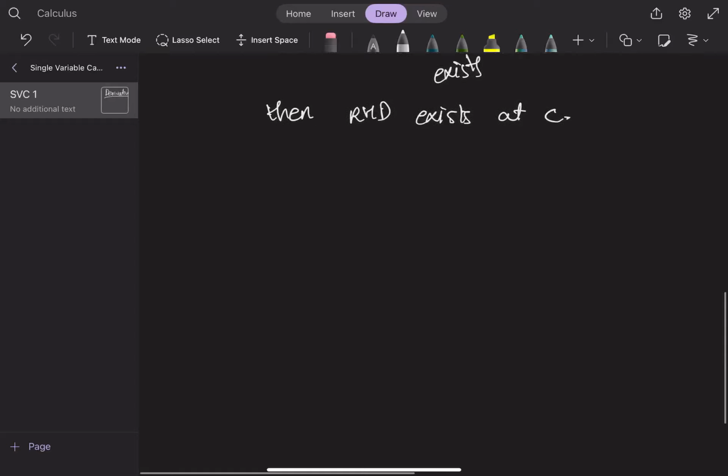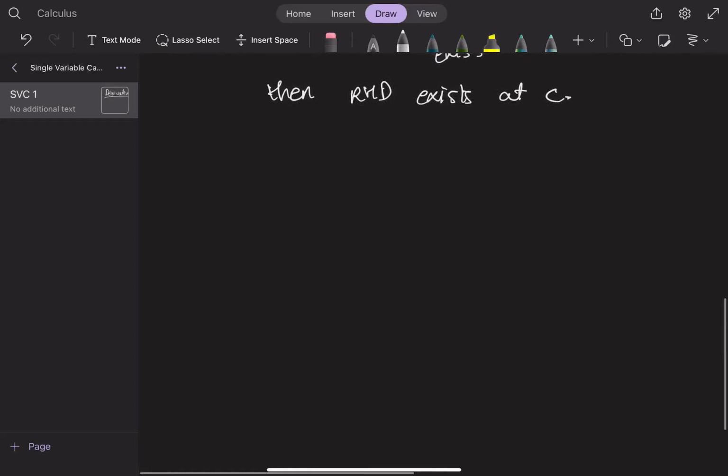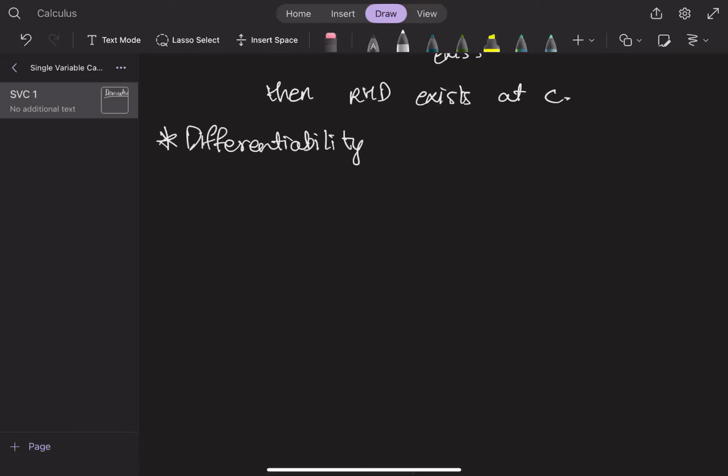Now the next thing we need to see is differentiability in some interval. For example, you have a function f that is going from a to b and it is a real function.